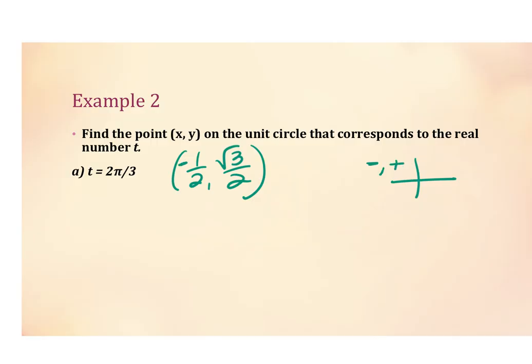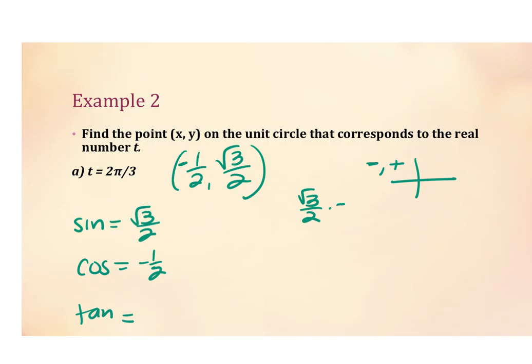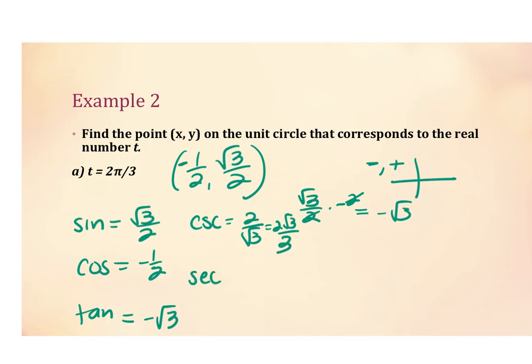So now I know my coordinate point. Sine is root 3 over 2, cosine is negative 1/2, tan is root 3 over 2 times negative 2, which is negative root 3. Cosecant, flip it: 2 over root 3, rationalize it. Secant, flip it. And cotangent, flip it, rationalize it.